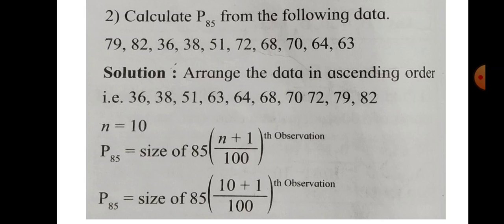Now you have to apply the formula for P85. P85 is equal to size of 85 into bracket n plus 1 upon 100, bracket close, observation.